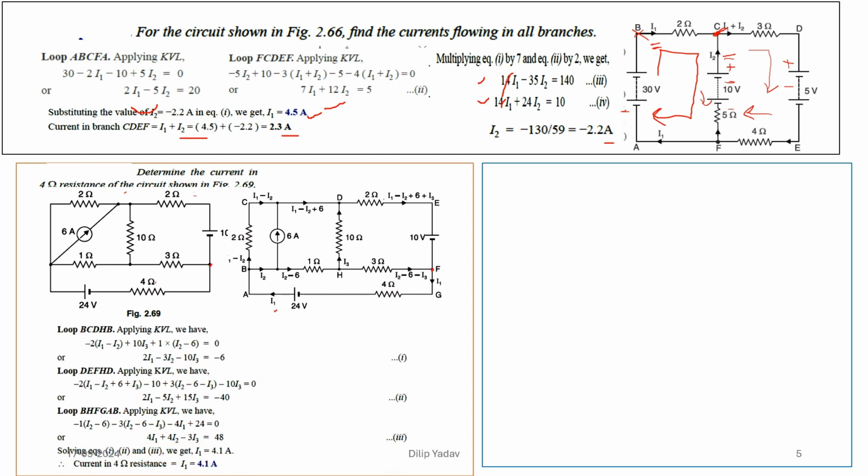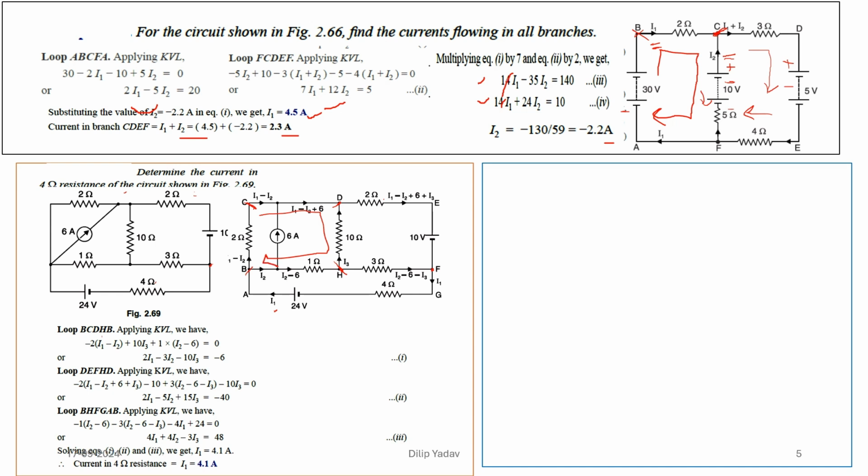We have taken the first loop B, C, D, H, and then B. That means we are taking this.